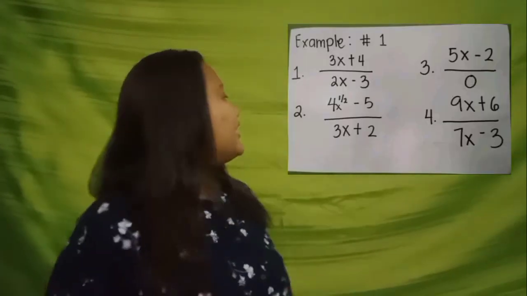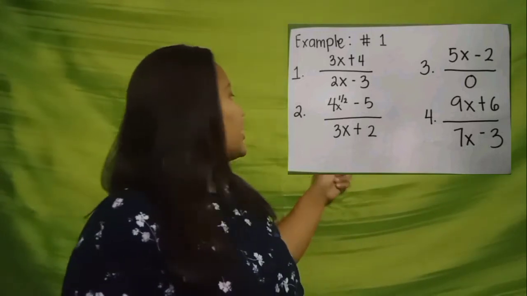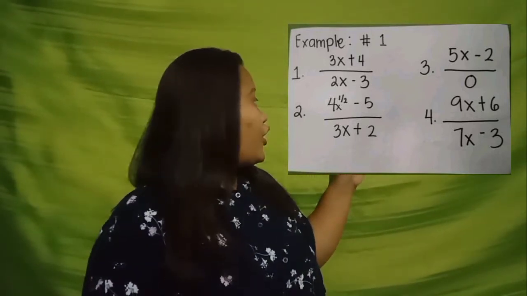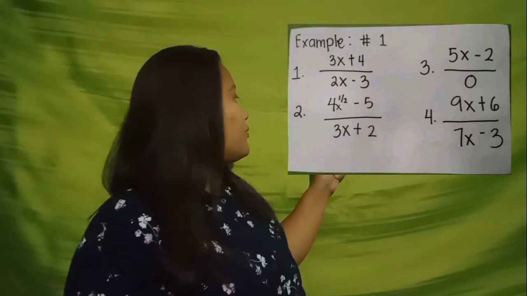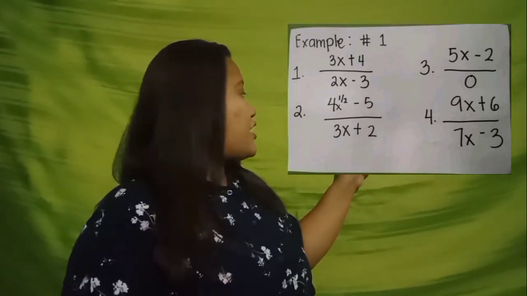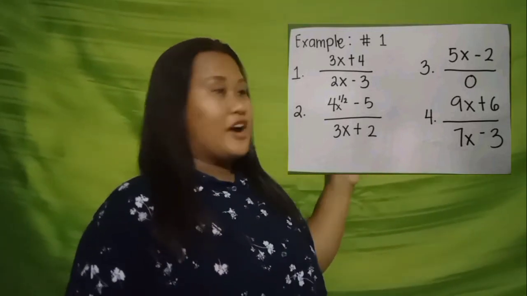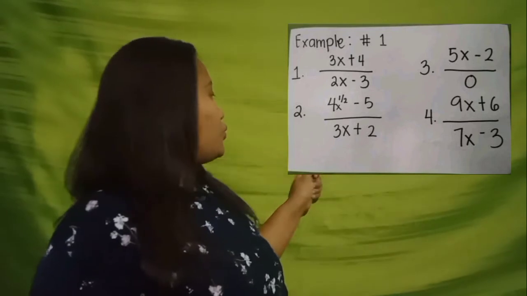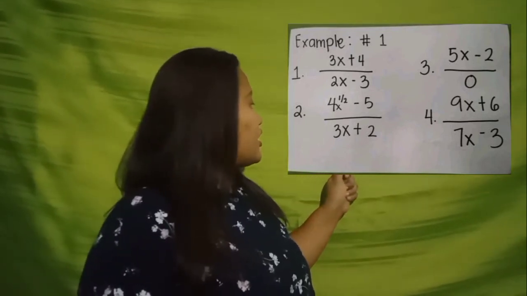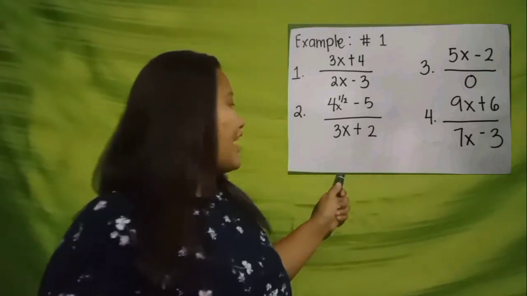Example number 1. Tignan natin kung rational function ba siya or undefined. Number 1, 3x plus 4 over 2x minus 3. 3x plus 4 is a polynomial, and 2x minus 3 is a polynomial. Number 1 is a rational function. Number 2, 4x raised to 1 half minus 5 over 3x plus 2.